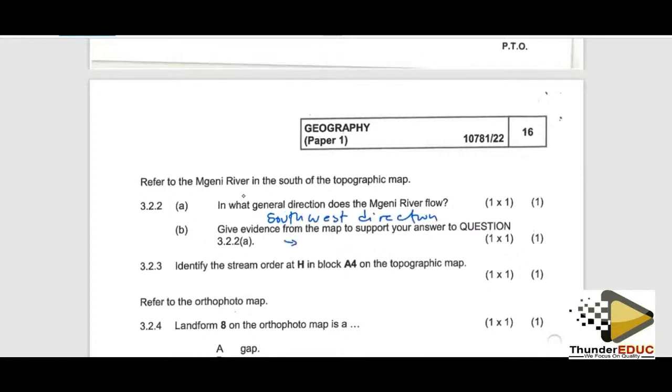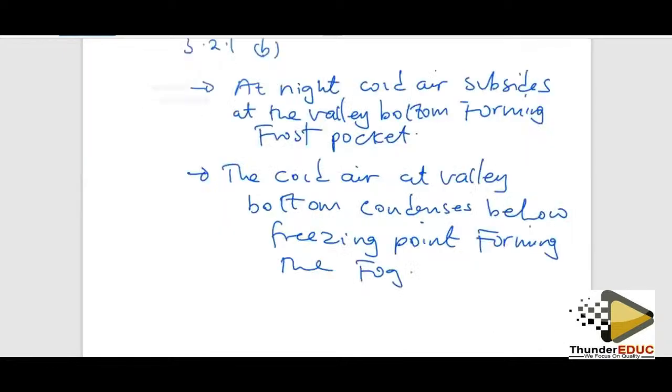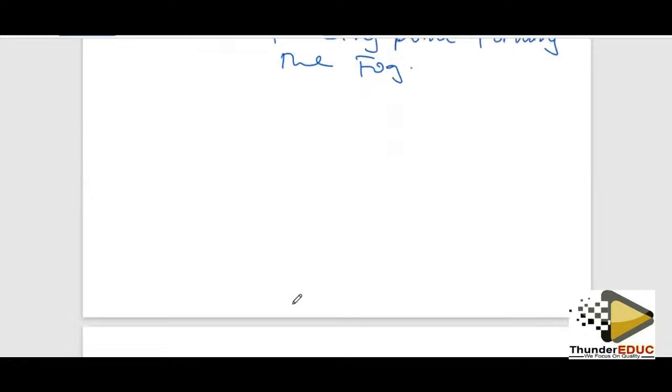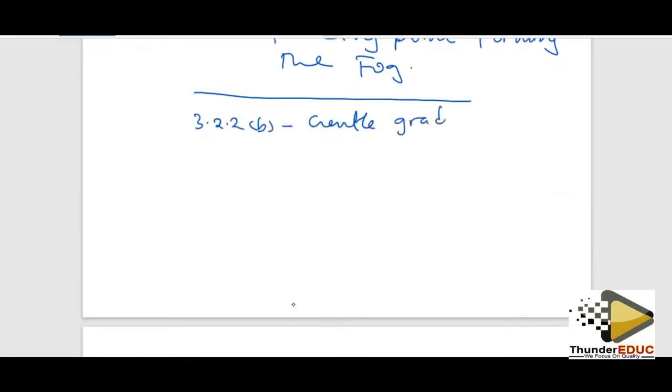Let's say gentle gradient in the southwest. So that is 132B. Gradient southwest.